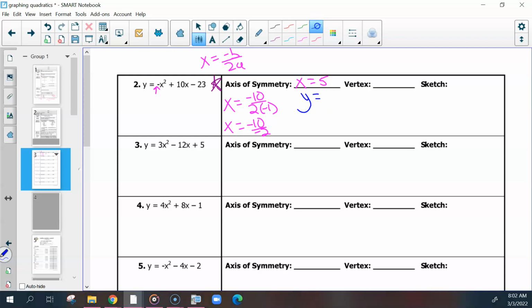This will be negative 5 squared plus 10 times 5 minus 20. And you can put that in your calculator.